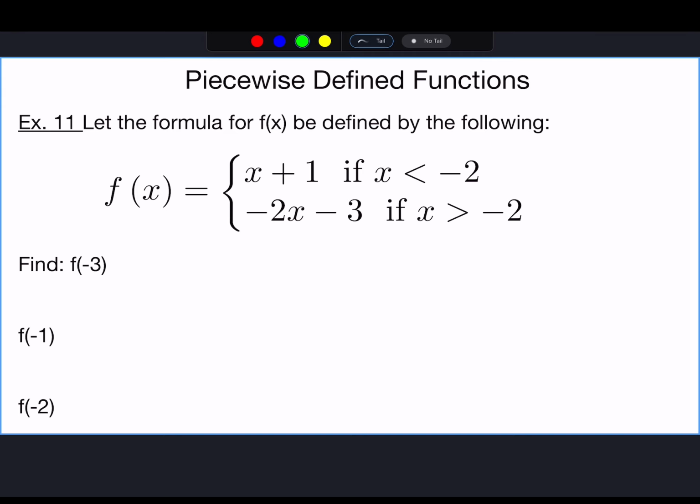What's the power on x? 1. When the power on x is 1, what kind of function do we have? It's linear. Thank you, Christina, for bailing us out. Why is it linear?